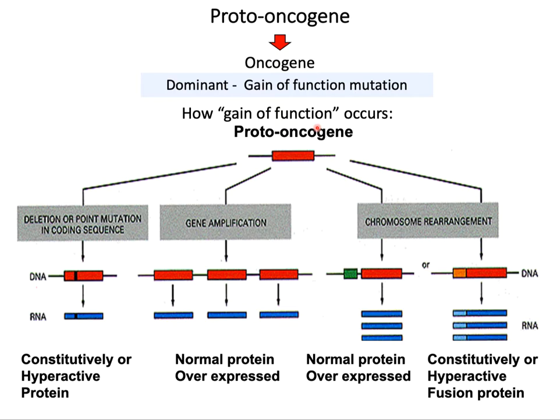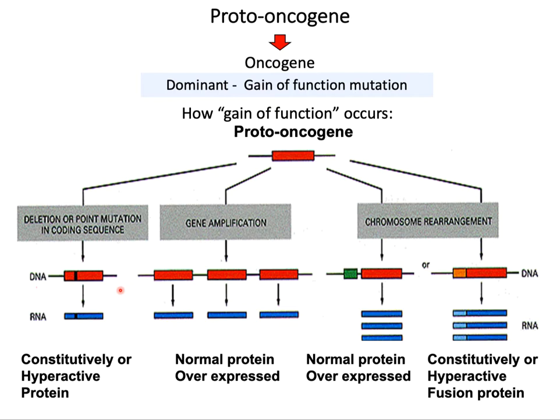There are many different ways in which you can acquire a gain-of-function mutation, and some of the examples are on this slide. First of all, on the far left, a change in the coding region of the gene may occur. It could be a deletion, it could be a point mutation, it could be an addition.